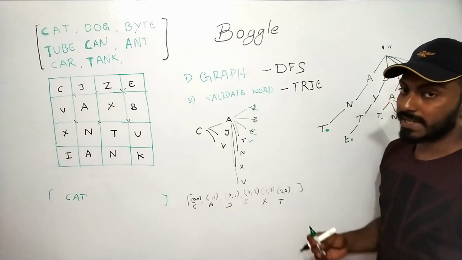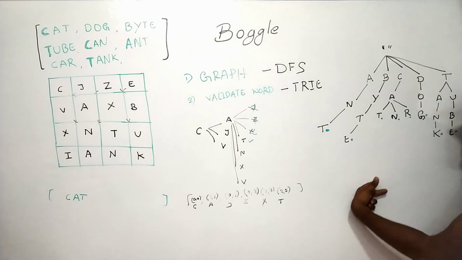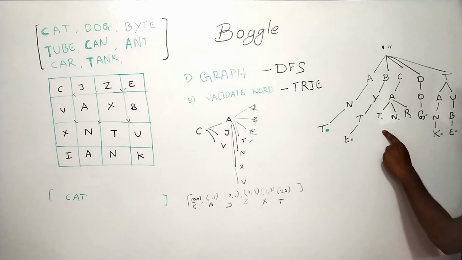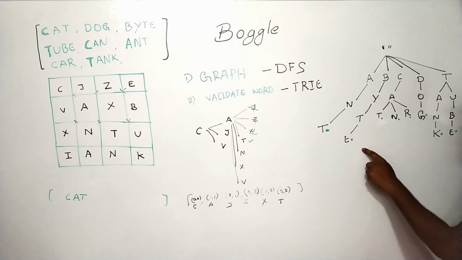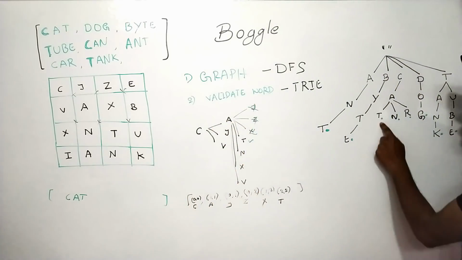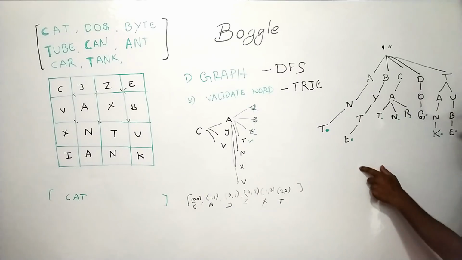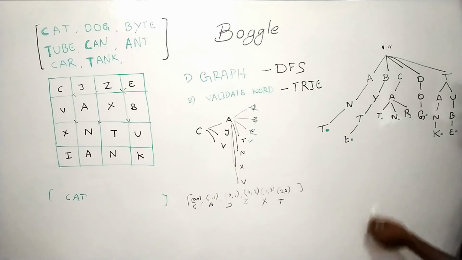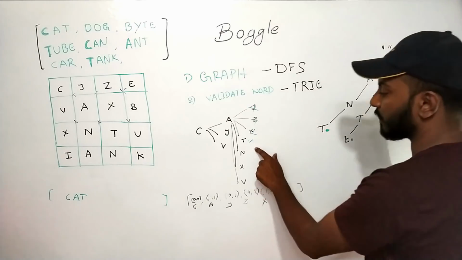But the possibility is that we might have even more valid words which continue from here, like caterpillar or something. If the interviewer has given the word caterpillar in there, we could have had the trie keep growing even further beyond CAT. But unfortunately we don't have that. But still it's a valid word, right?